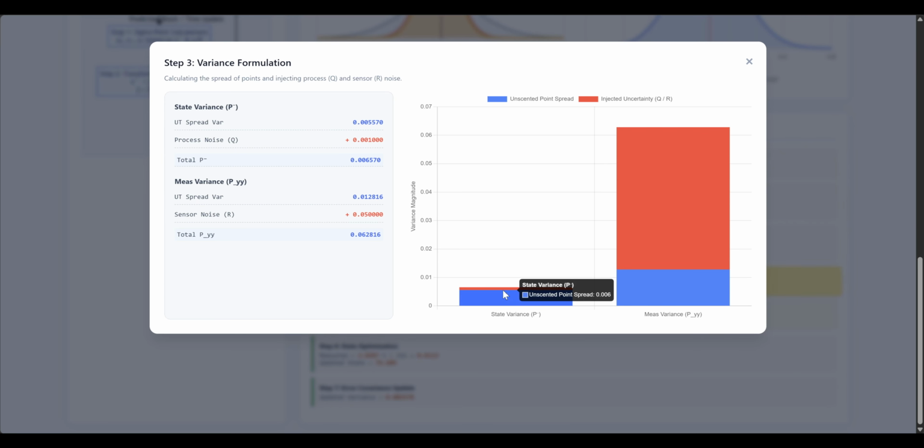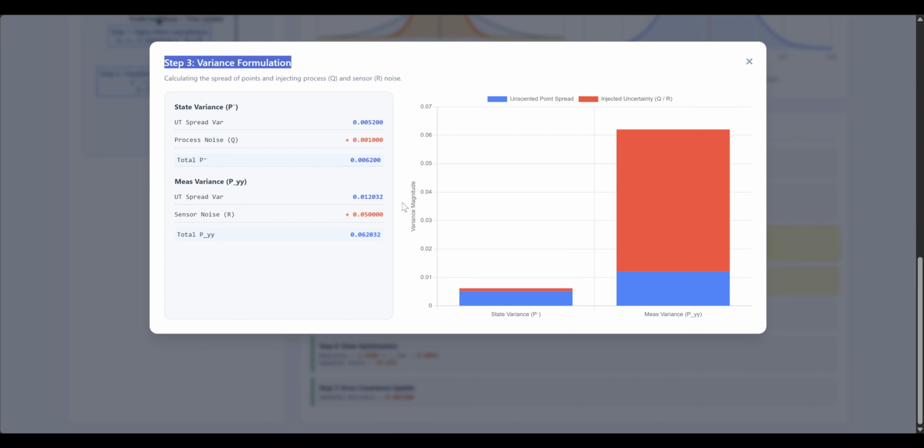And here you can rely more on the state as per the calculation. So that is how the Kalman filter is taking more from the states compared to the measurements and trusting the states more. Okay, so this is about the third calculation, which is variance formulation.